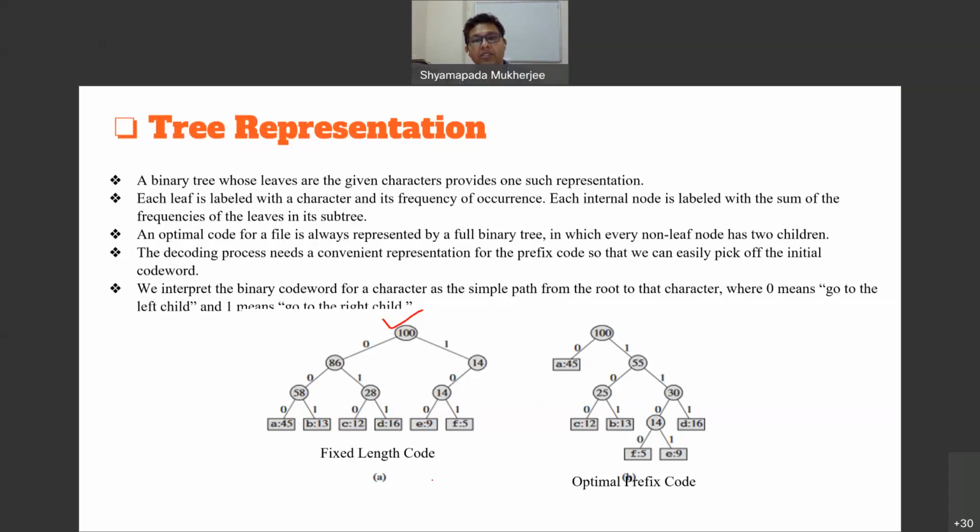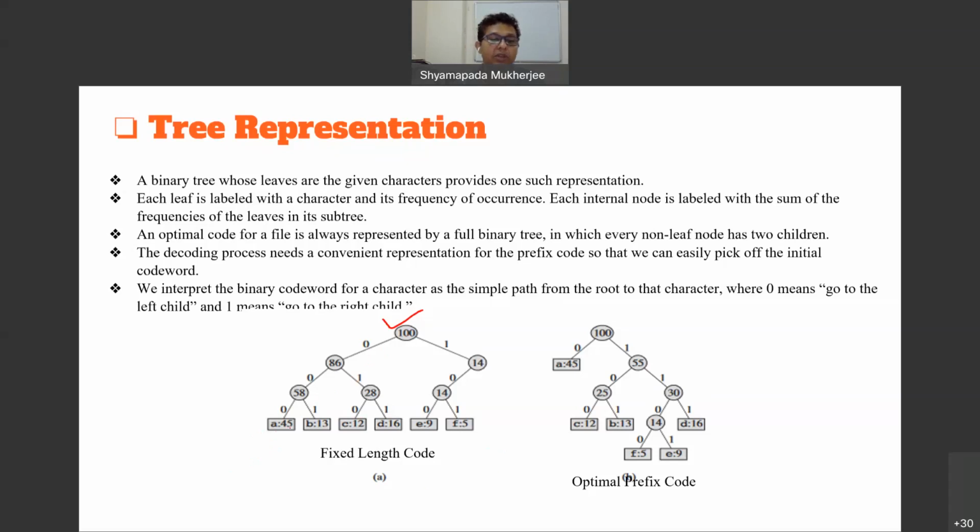Also for encryption. If we want to find out which code word to use for encrypting, we just go from the root to the leaf, and we read all the symbols 0 and 1 present in the path.